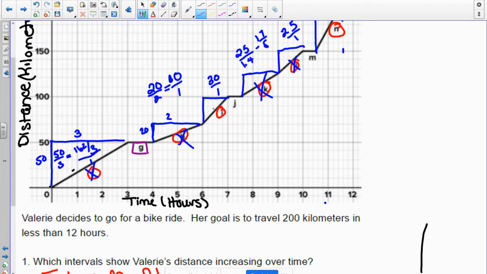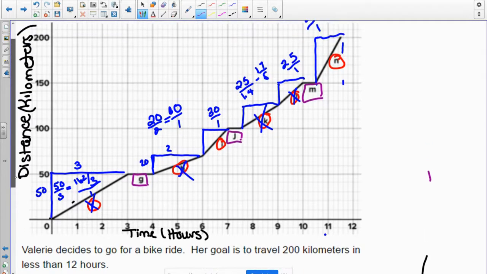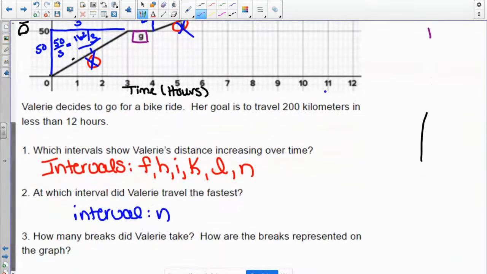Then she gets going for a while, and then she sits and rests here at J. It looks like approximately a half an hour at 100 kilometers. Then she takes off again, and then she stops again for M. So she's at 150 kilometers for about a half an hour. So she takes 3 breaks during her bike ride for almost 12 hours. So 3 breaks, and how are they represented?